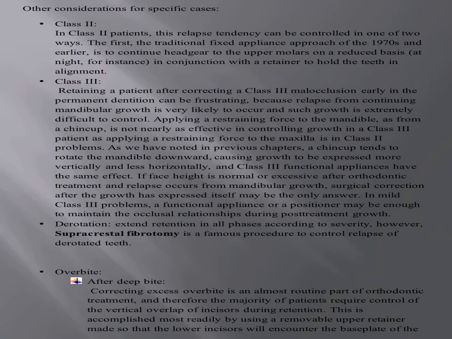Also, if you have a severely rotated tooth, there are two things we can do to derotate it. The first treatment modality is to overcorrect the severely rotated tooth, so that when relapse occurs, the slight relapse puts the tooth in its proper position.